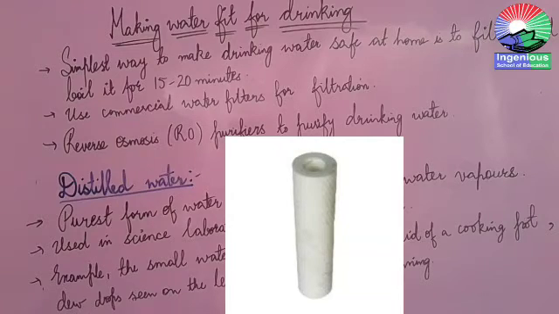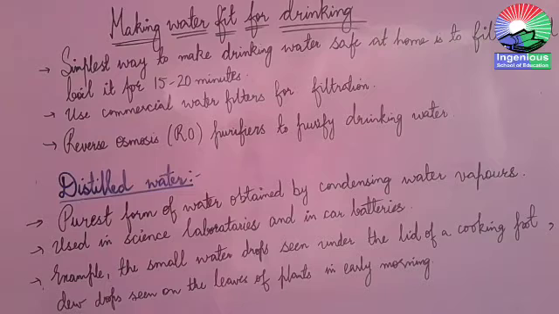These tiny holes trap the impurities present in the water and allow the clean water to pass. The clean water passes through these holes, but the impurities get trapped in them.